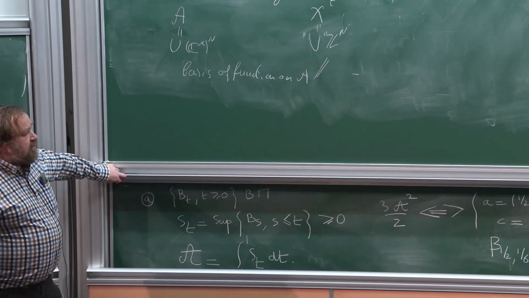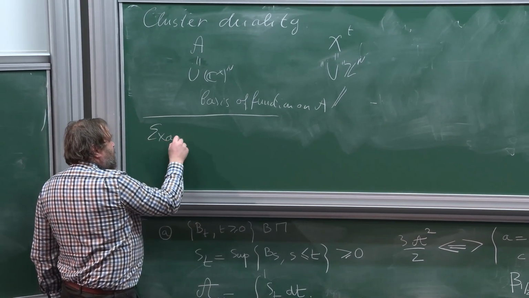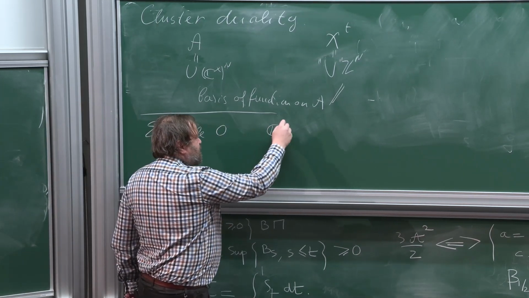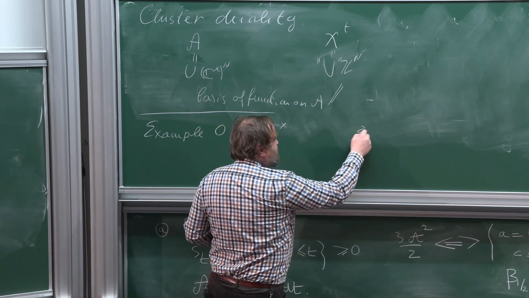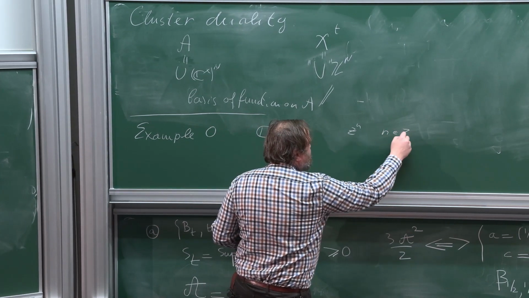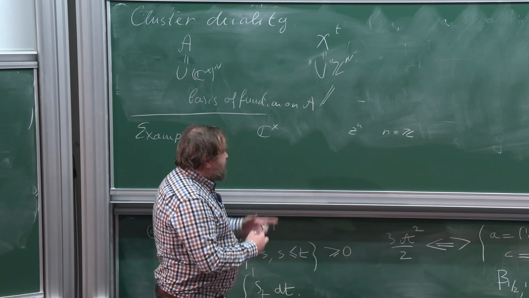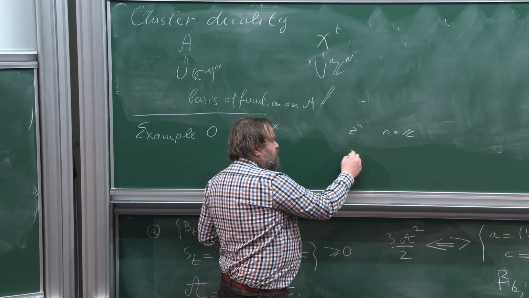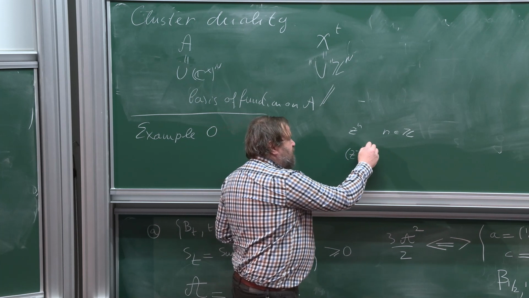So usually, if you have example number 0, you have C star, and on that, of course, you have the space of functions which is z to the n, and n is an integer, but you should think of this integer as a tropical integer. Why? Because this function is, of course, invariant. If you take z to the minus 1, you invert z, and you take minus n.